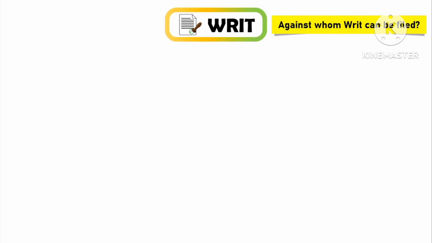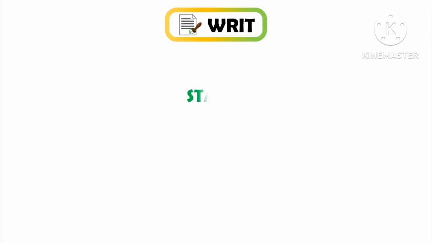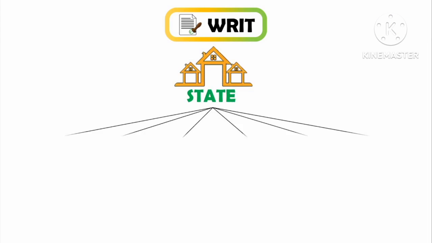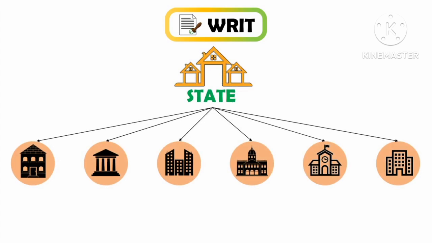The answer is that a writ petition can only be filed against the state or bodies that come under the definition of state. For this you have to go through Article 12, in which the definition of state has been talked about.